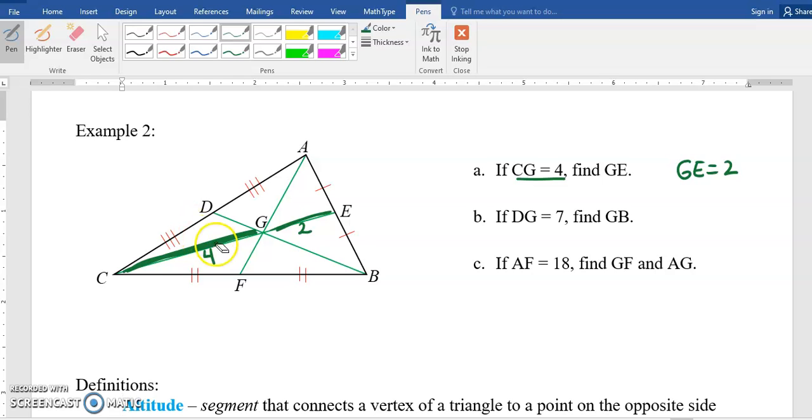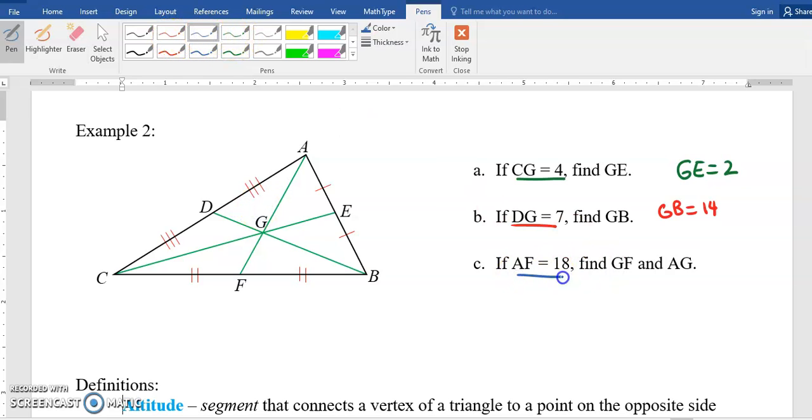For part B, that information goes away and we start over. If DG is 7, that's the short piece. If the short piece is 7, the long piece is twice that, or 14. So the pieces are half and double, and the whole thing is divided 1/3, 2/3.